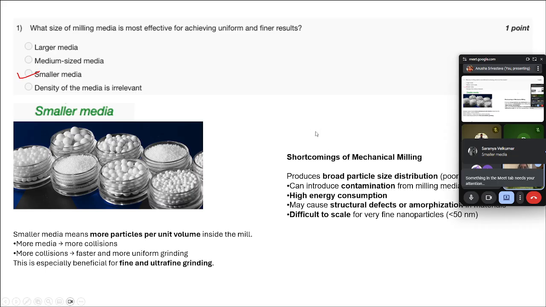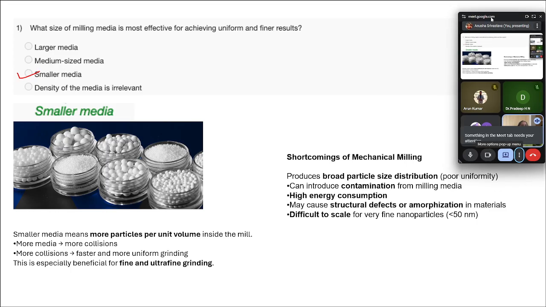Okay. So why smaller media? Whenever we are talking about this ball milling technique, what you see here are different sized balls, and this is called milling media. Why smaller media? Because smaller media means more particles per unit volume.